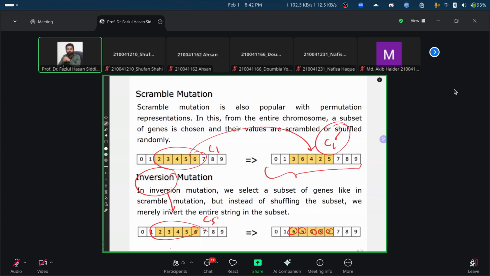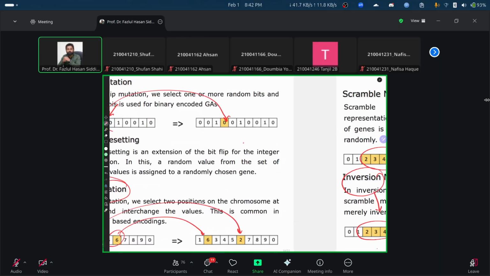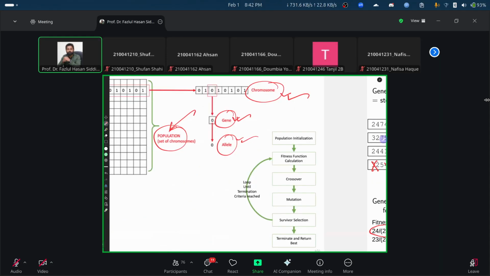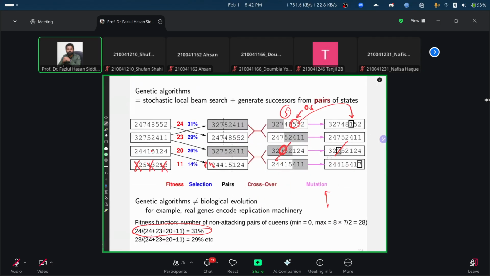So what we have learned is the overall process of the genetic algorithm. In a big picture, we start with the three main phases: selection, crossover, and mutation. But before the selection, we need to do the fitness, and based on the fitness, we do the selection process.